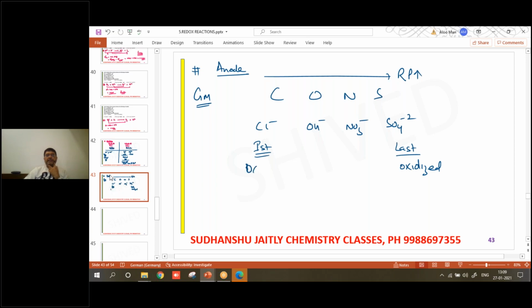First oxidized. Never ever this will give you pushback. नहीं देगा. Remember that. So never ever forget the order at anode. ध्यान देना. Chloride, OH negative, nitrate, sulfate. Chloride will be oxidized first.